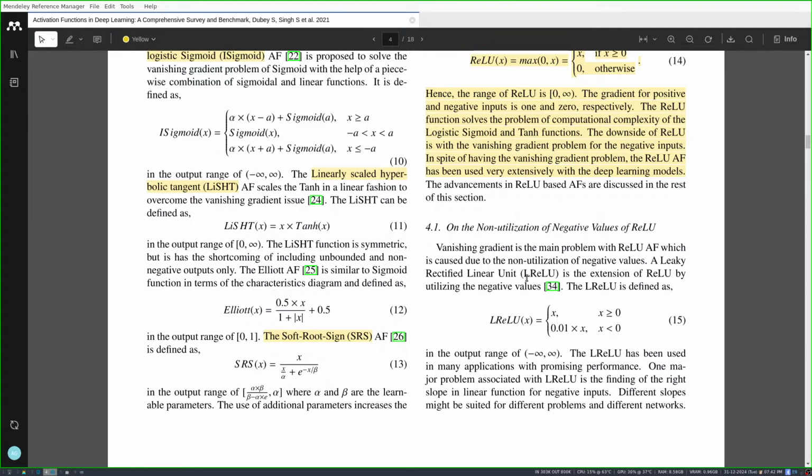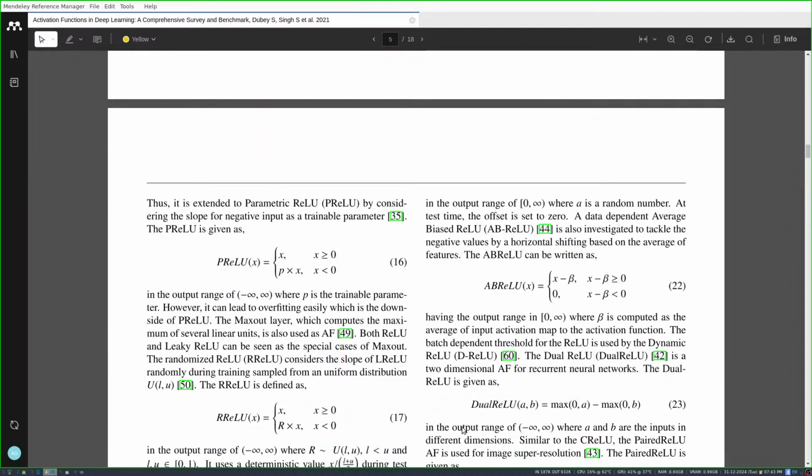A leaky ReLU. Okay, I know that. It's an extension by adding negative values. The leaky ReLU has been used in many applications with promising performance. One major problem associated with leaky ReLU is the finding of the right slope of the linear function for negative inputs.